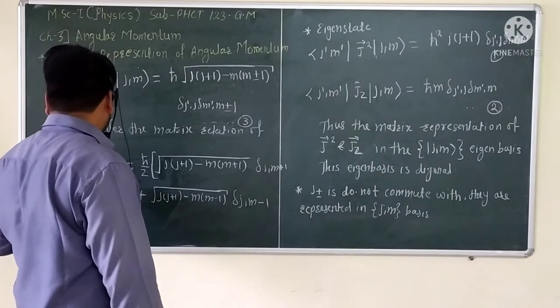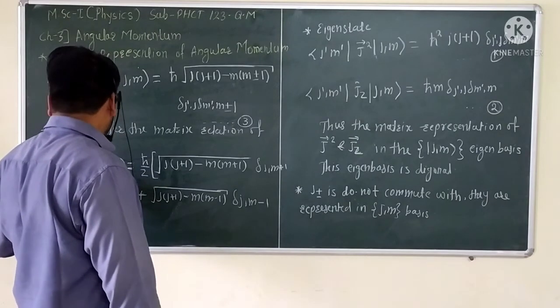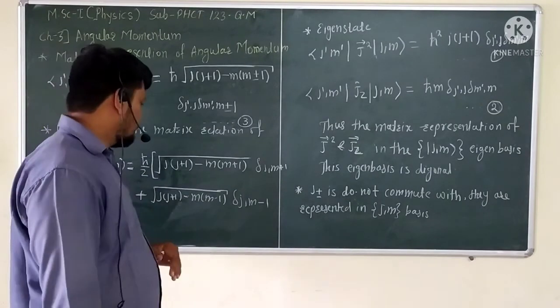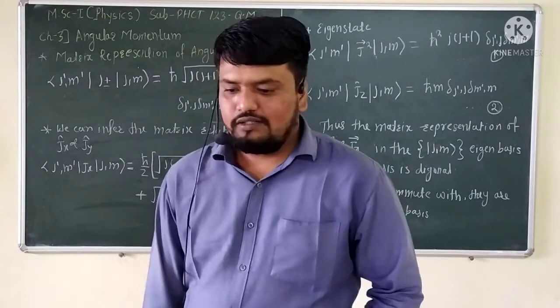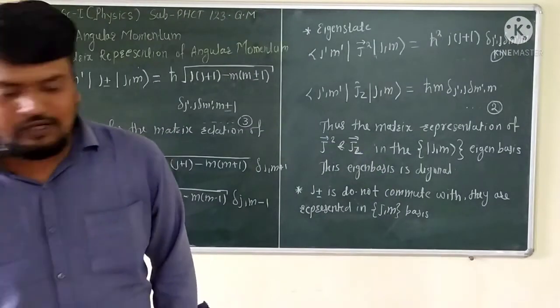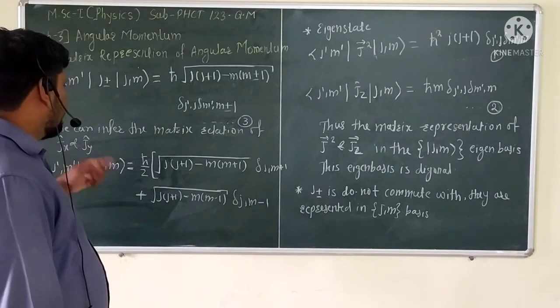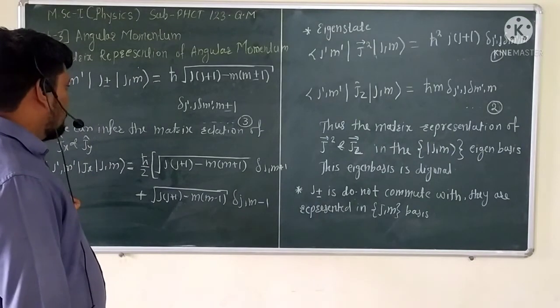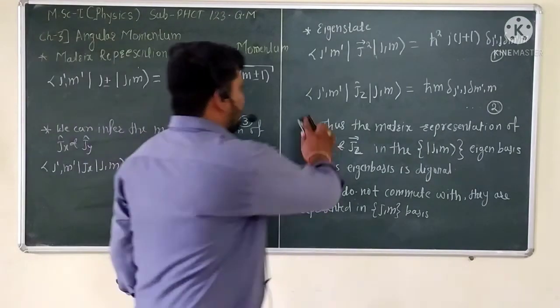Okay, so this is the relation for jx. Now we can infer the matrix representation of jy cap.